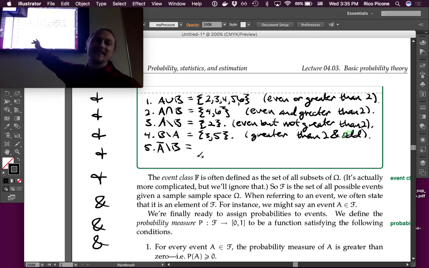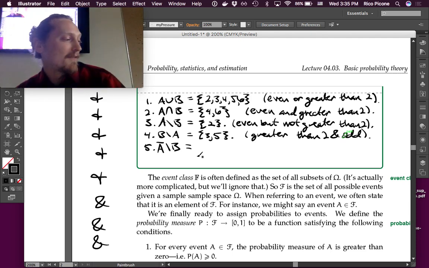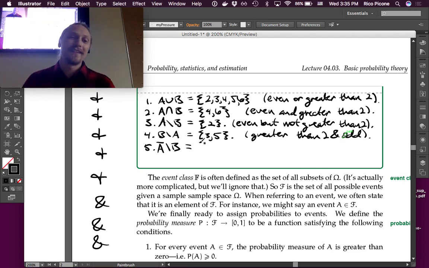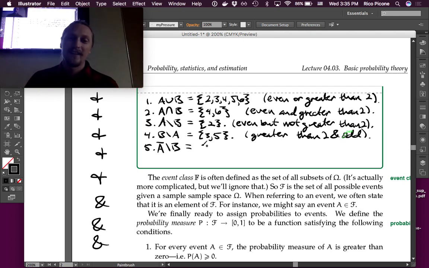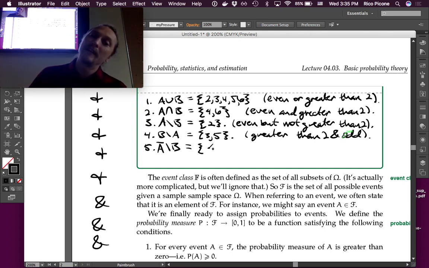All right, so A complement minus B. Is it 1? Or is it 4 and 6? Let's write it out, because A was even, right? So complement means it has to be odd: 1, 3, 5.